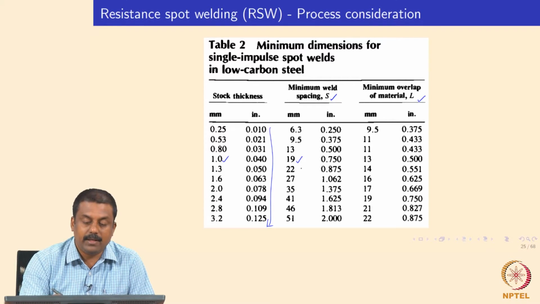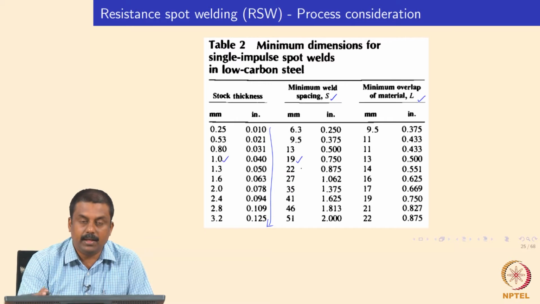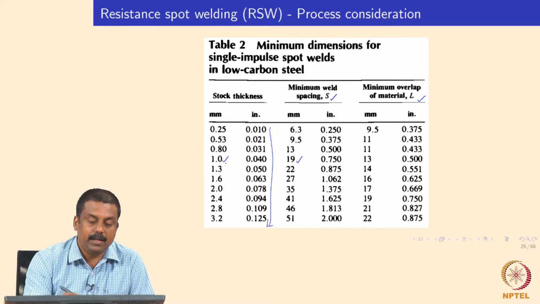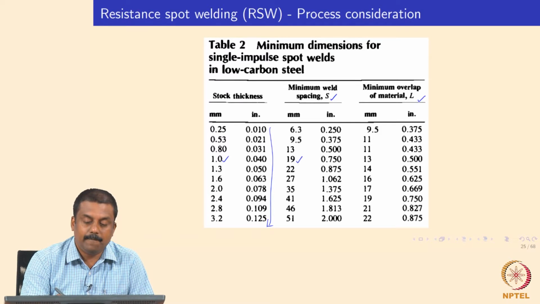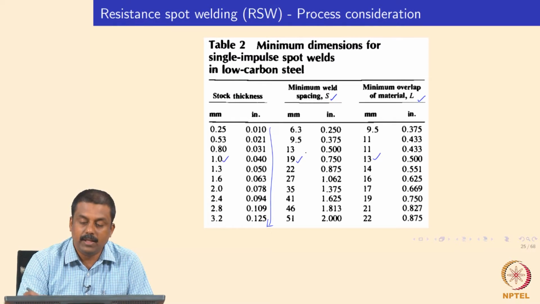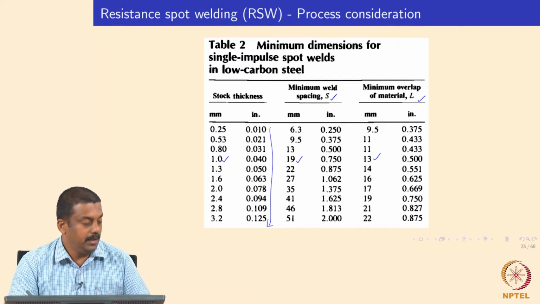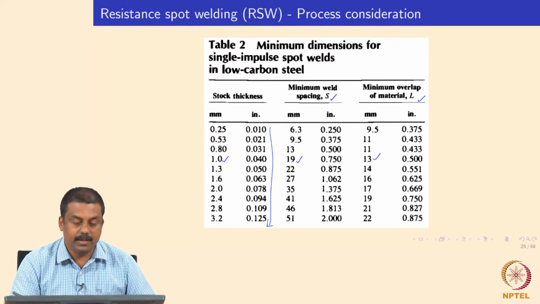If you use shorter than 19, that is even better, but then you may have a problem with the cooling rates and the shunt effect, which we will explain in the next slides. So for a given material thickness, these standards tell you what overlapping distance to use and what minimum distance we need between two welds. You can use them to optimize your weld design.